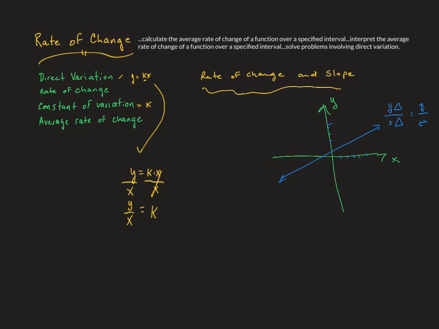And then that rate of change is called its slope. And if you remember, the old slope formula was y2 minus y1 over x2 minus x1, which happens to be the change from one y value to the next over the change from one x value to the next.